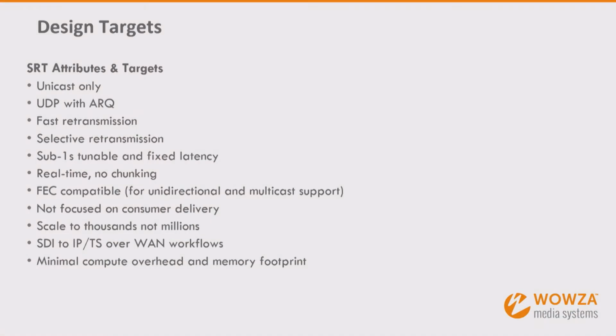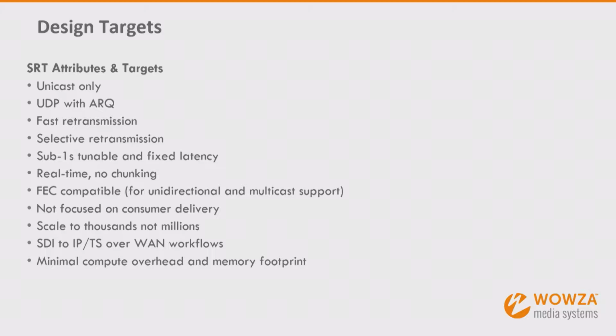Some further design targets here. Obviously, it's based on UDP with automatic requests. The transmissions had to be fast. They had to be selective in a sense that you need to be able to tune it for latency or quality, and in some cases, dropping packets is okay. It's a real-time pipe.